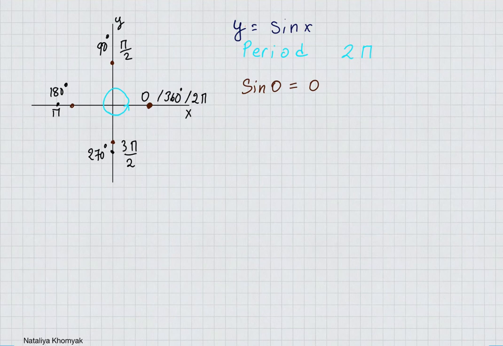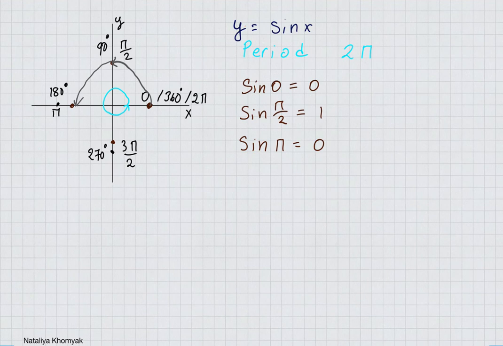The next angle I'm going to work with will be sine of pi over 2, which is 90 degrees, and sine of 90 is equal to 1. The next special angle you want to calculate for sine is 180 degrees or pi. So sine of pi gives you 0.